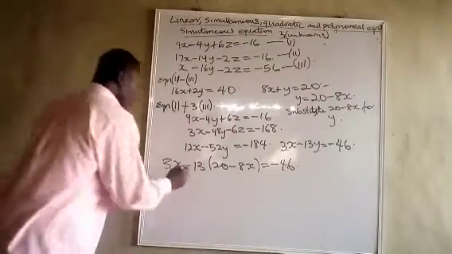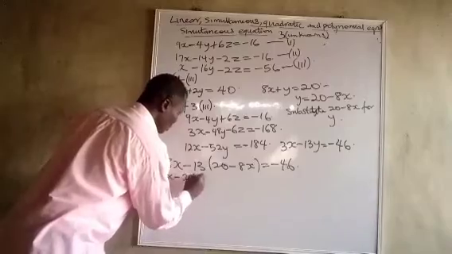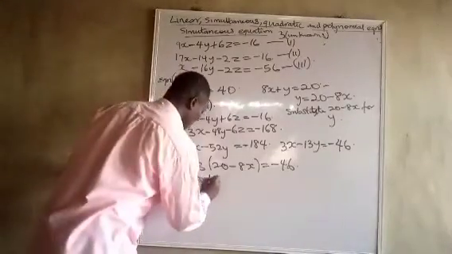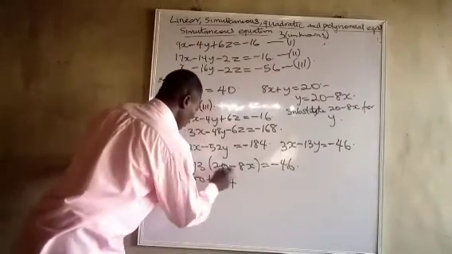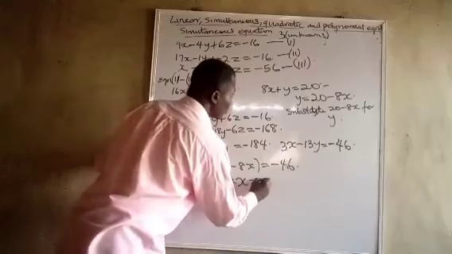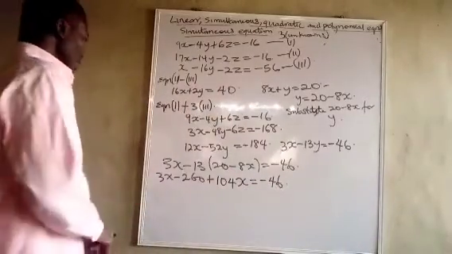And let's expand now. It's going to give me 3x minus 260 plus 104x is equal to minus 46.